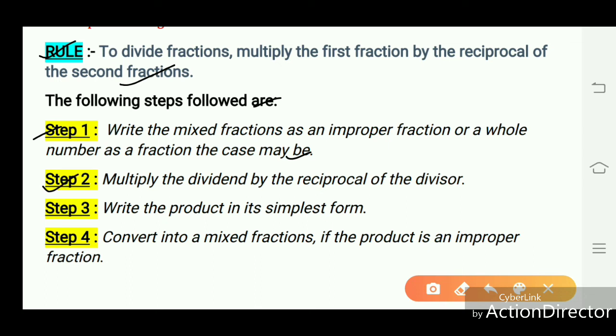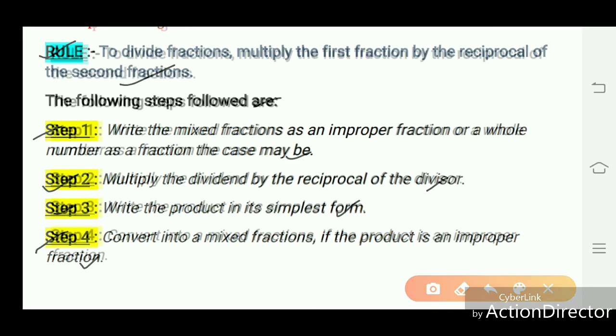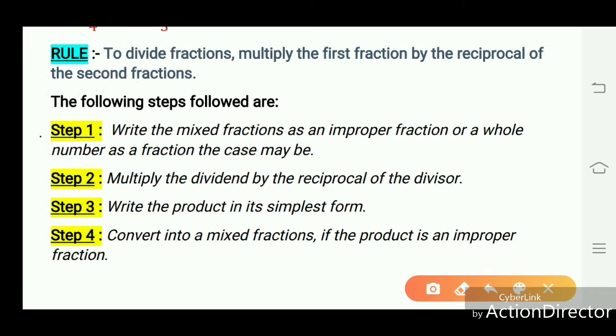Step 2, multiply the dividend by the reciprocal of the divisor. Step 3, write the product in its simplest form. Step 4, convert into a mixed fraction if the product is an improper fraction. The following steps help us in division of fractions.